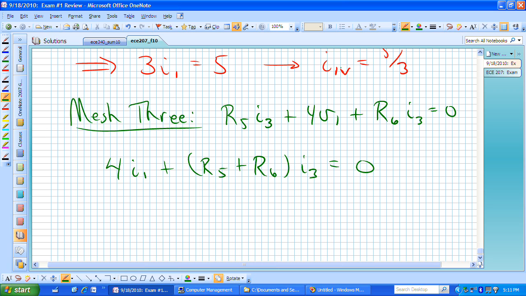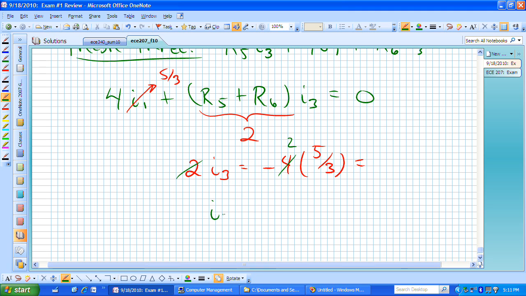I sub 1 was given up above as 5/3, and so we now have the 2 there. 2 I sub 3 is equal to minus 4 times 5/3, or, doing a little bit of cancellation, we now have I sub 3 due to the voltage source is now minus 2 times 5/3, or minus 10/3.